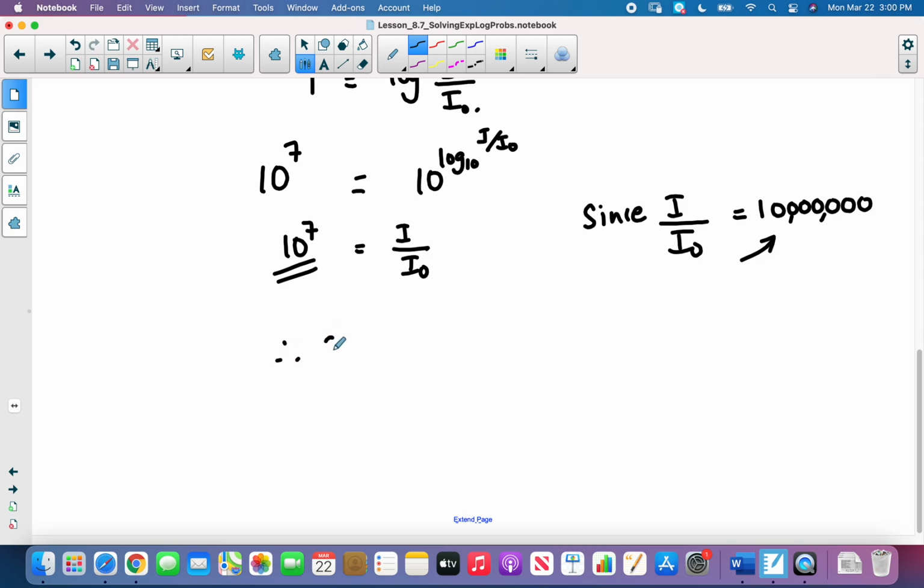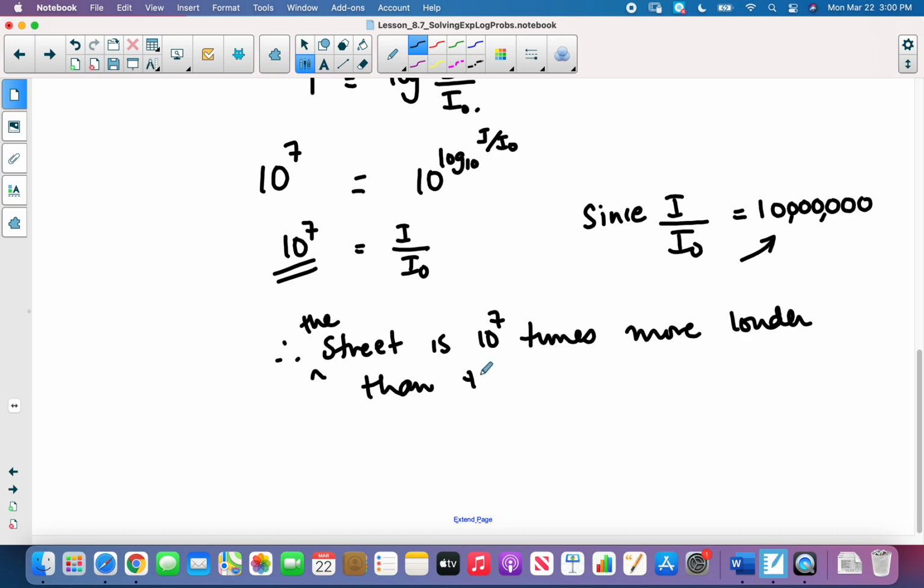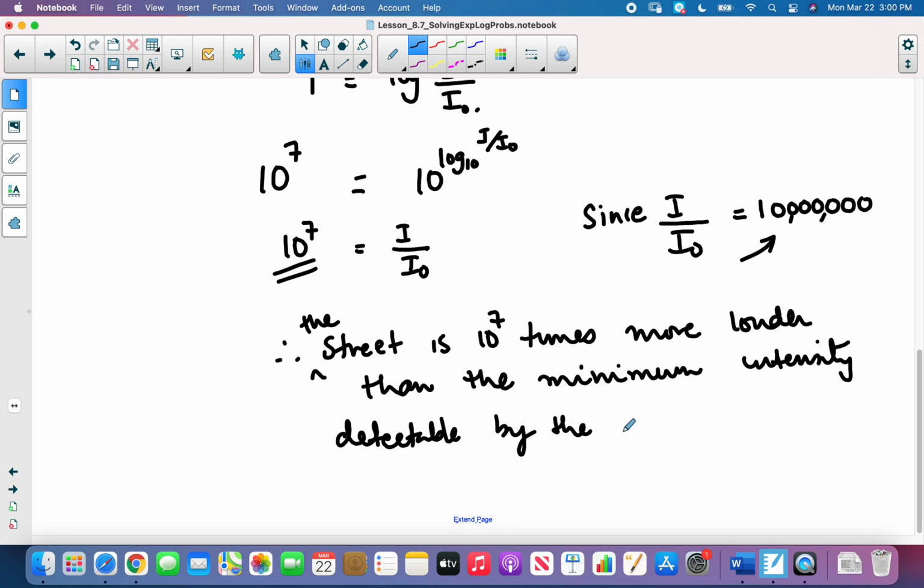So the street is 10 to the power of 7 times louder than the minimum intensity detectable by the human ear.